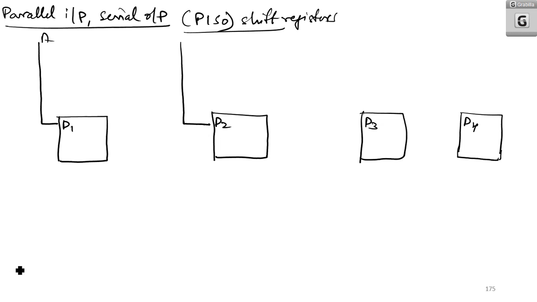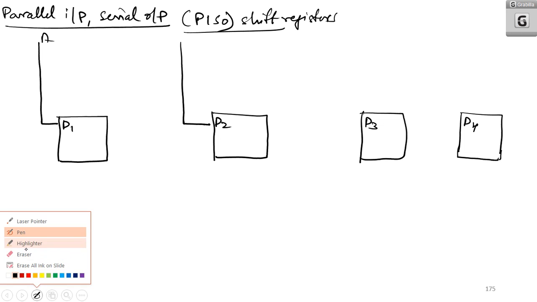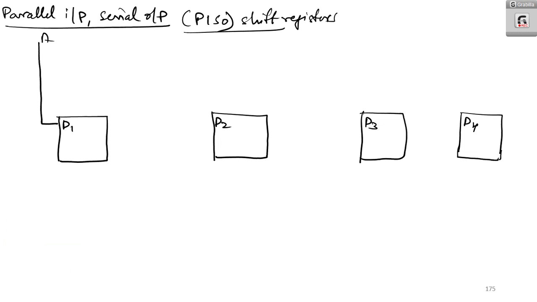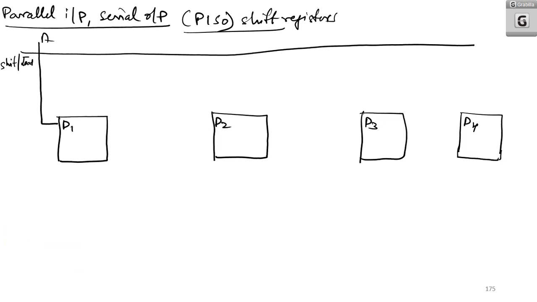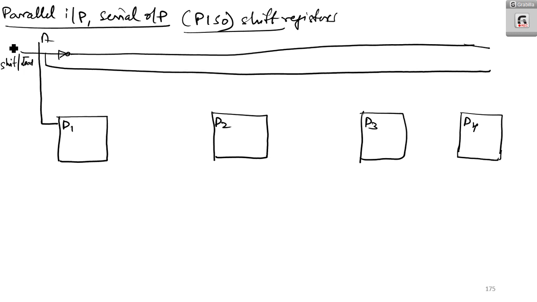Now, B cannot be given directly. So what I am going to do is, we are having a shift bar, load bar. I am taking that connection here, shift bar, load bar, and I am taking the complement of that also, and this I am taking directly for the time being. Now A is fed in.